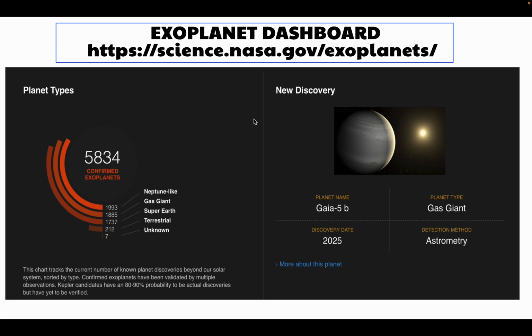As of last week, there were about 5834 confirmed exoplanets as per this website, and the newest discoveries get updated within a few weeks or few days. If you want to teach someone about exoplanets, this website will be a great tool to start with on your own.